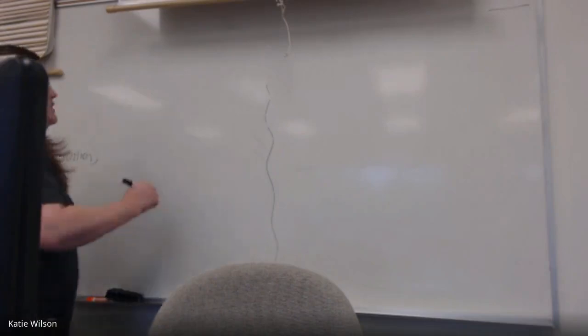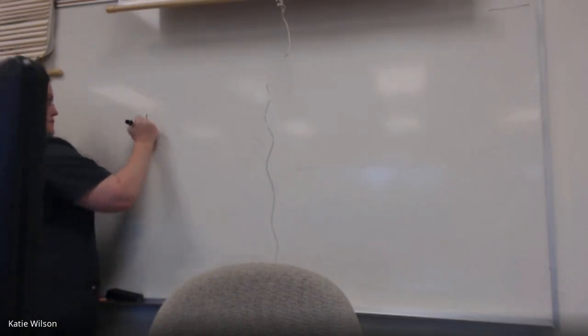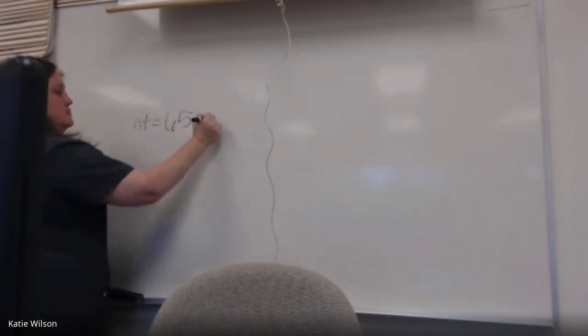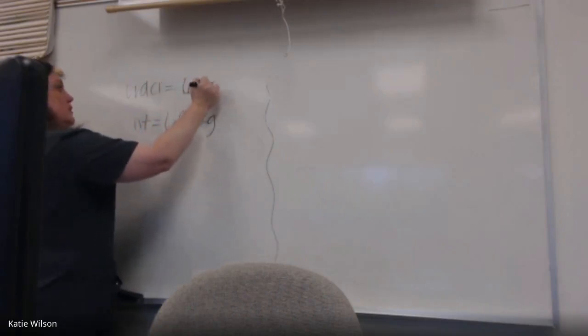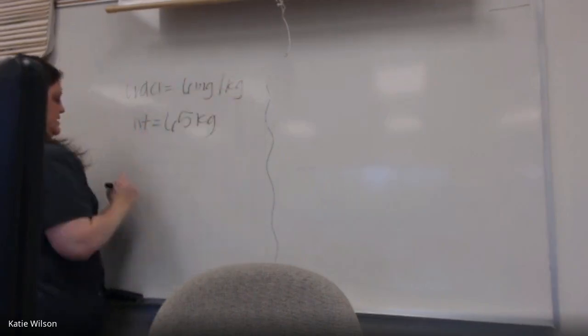Round to the nearest whole milligram. So, what is our weight? 65 kilograms. What's my order? 6 milligrams per kilogram. And what am I solving for? Milligrams.